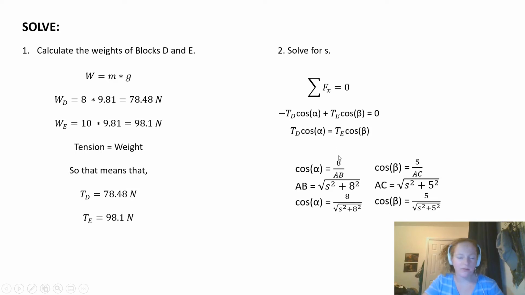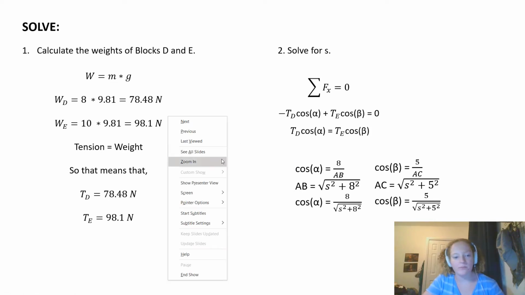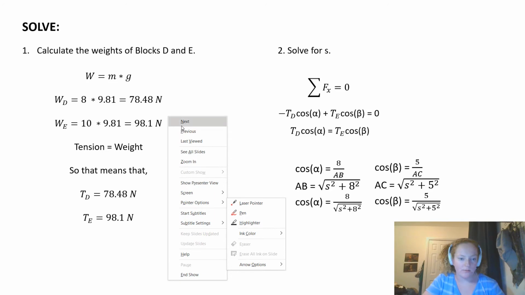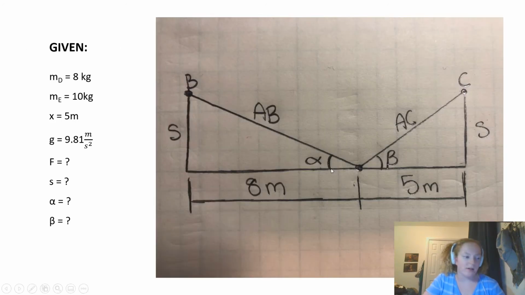We need to put these in their own form. So we know cosine alpha and beta, based on this diagram here, we can just use our trig.